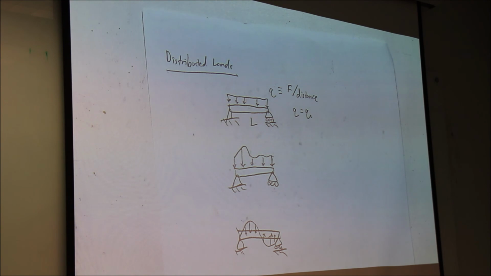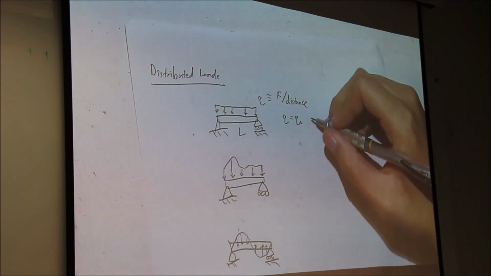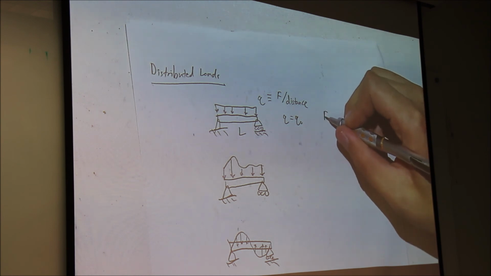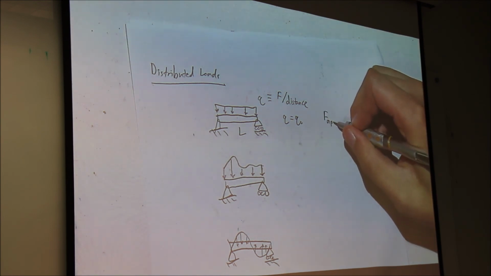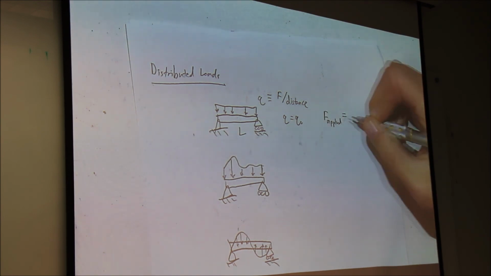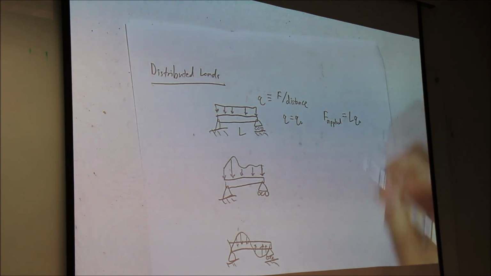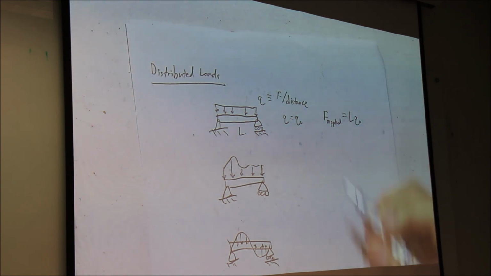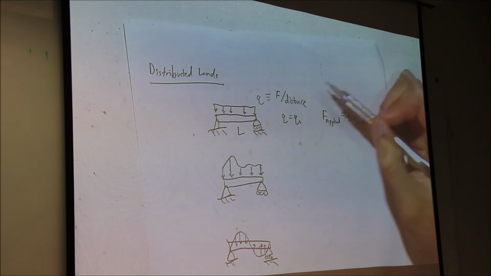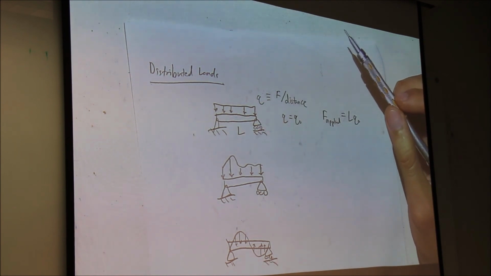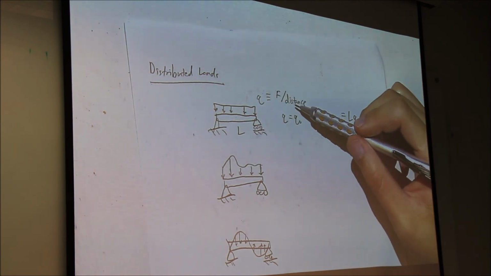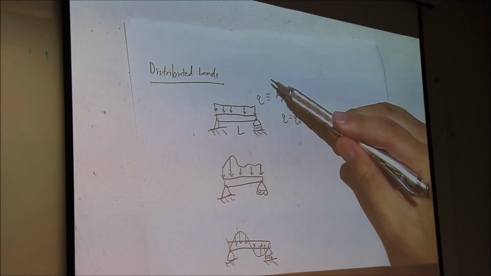L Q naught? L Q naught. Very good, because it's a rectangle. So F applied is equal to L Q naught, because Q is defined as a force over a distance, and if Q is equal to Q naught, force times the distance will give us a force.